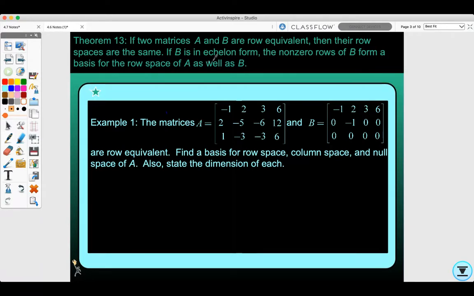So we know, since these are row equivalent, my pivot columns are column 1 and column 2. Therefore, that gives me the dimension of Col A, which also gives me the basis of Col A. So my basis for Col A would be column 1 of A, which is -1, 2, 1, and column 2 of A, which is 2, -5, -3.